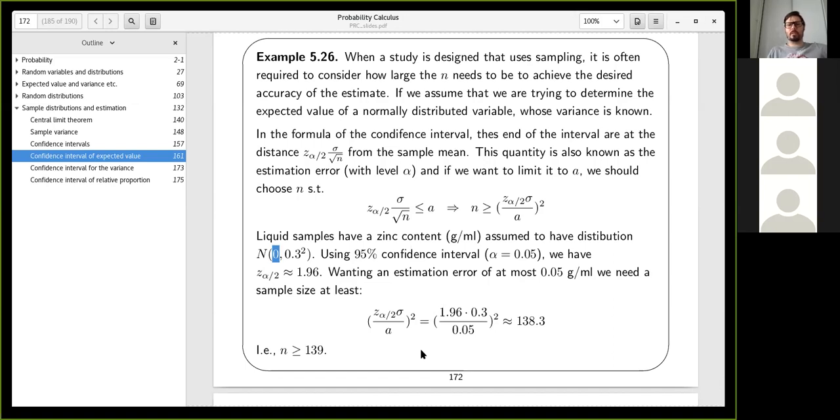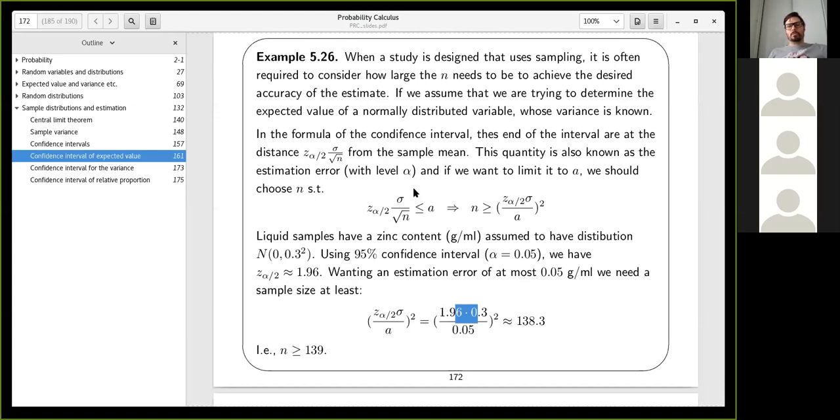It has a lower limit. Probably there's a typo here. So using a 95% confidence interval, we have z alpha at 1.96, and to come up with an estimation error of at most 0.05 milliliters, we need a sample size, and we can calculate that we need n greater than or equal to 139.